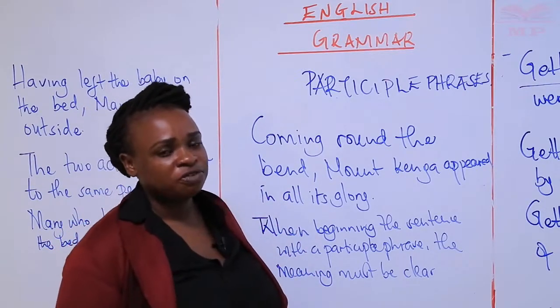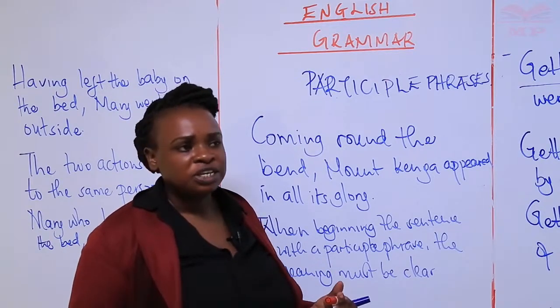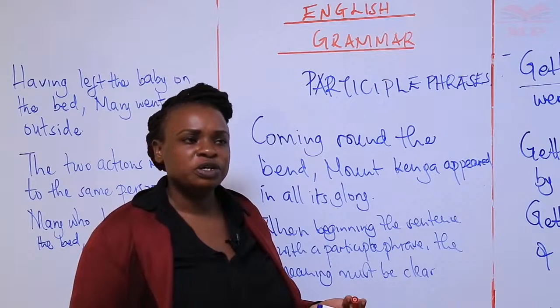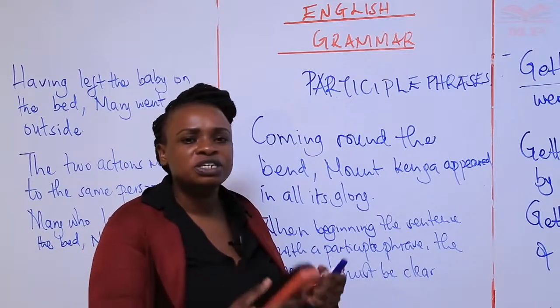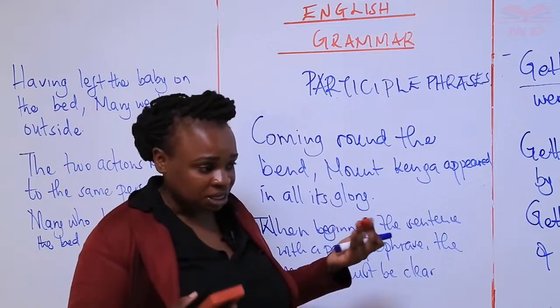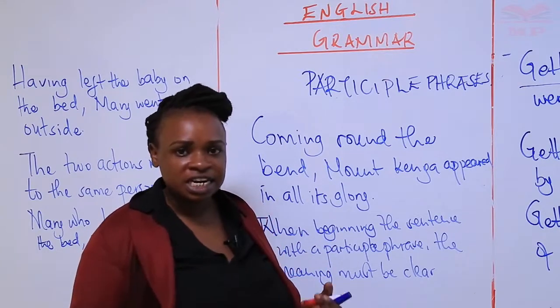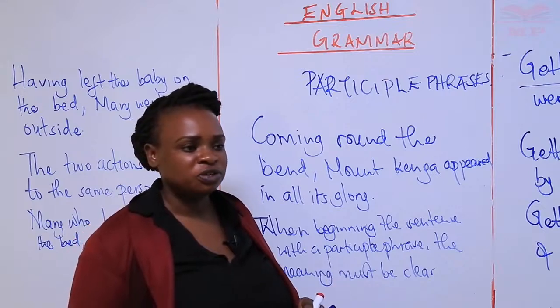One thing a participle phrase can help a student with is avoiding simplicity in the composition. You are showing creativity. So how do you show creativity? By having a variety of sentences. So the participle phrase can be one way of ensuring that you have a variety of what? Sentences in your composition. All right?